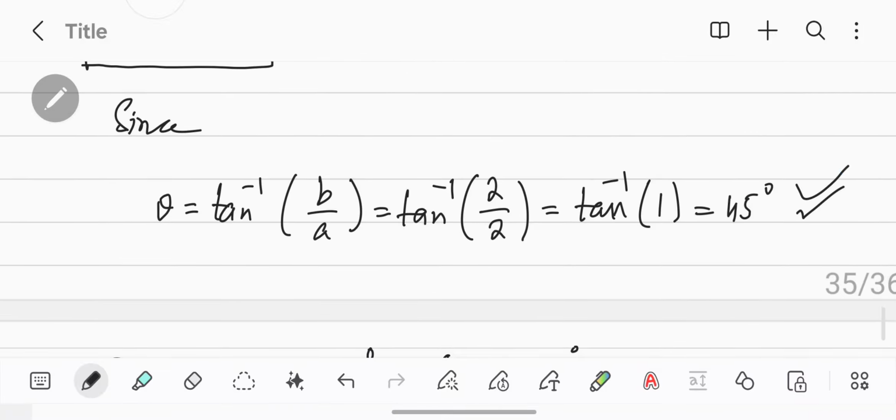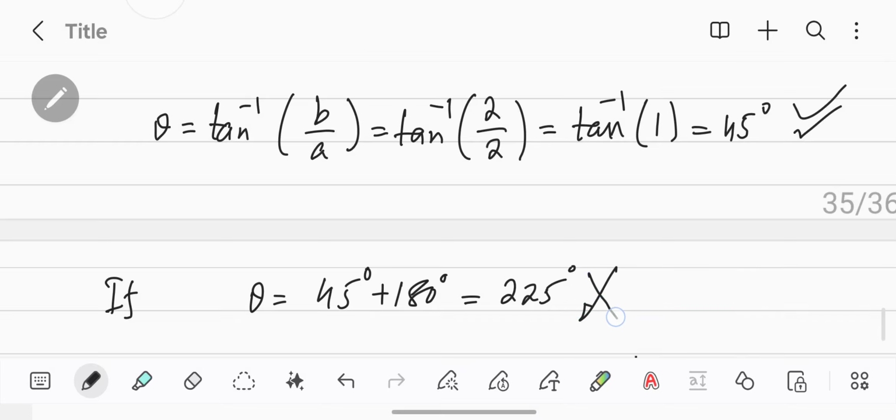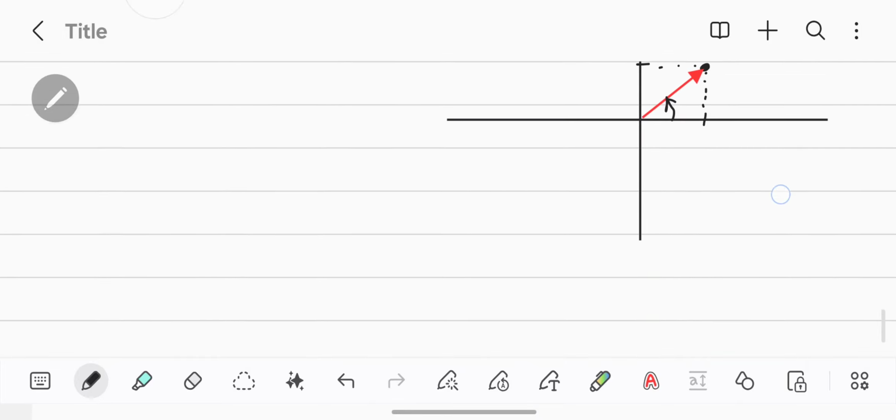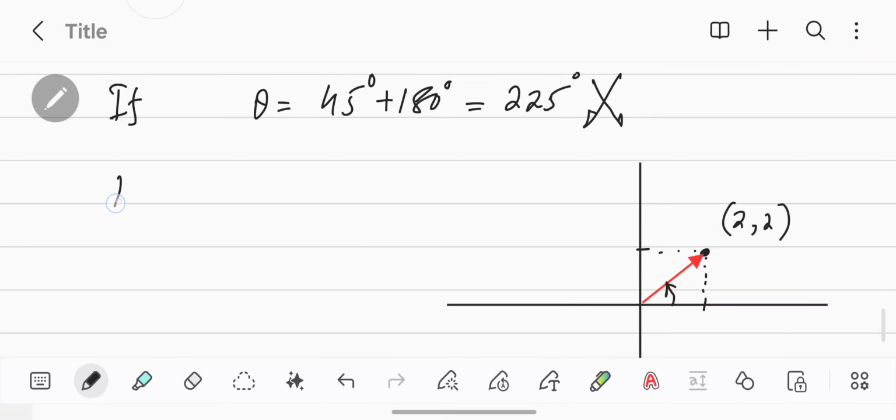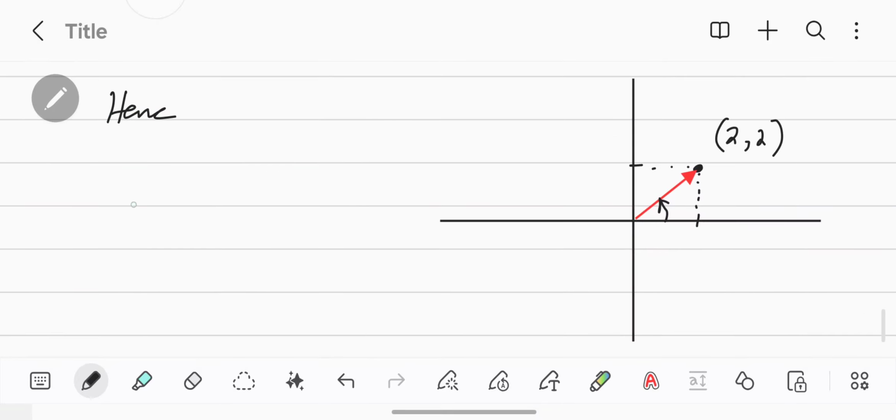So that means this is the correct angle. This angle does not determine our point because our point was in the first quadrant. Hence, argument of z, which is theta, is equal to 45.